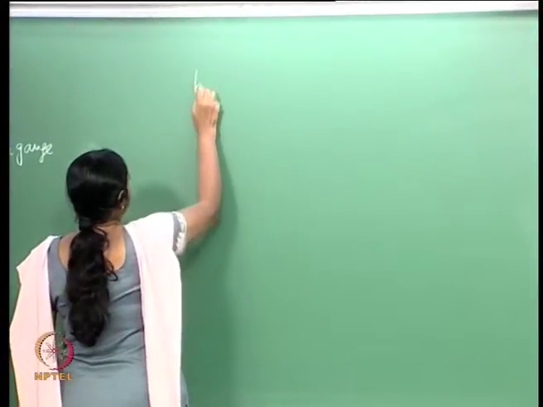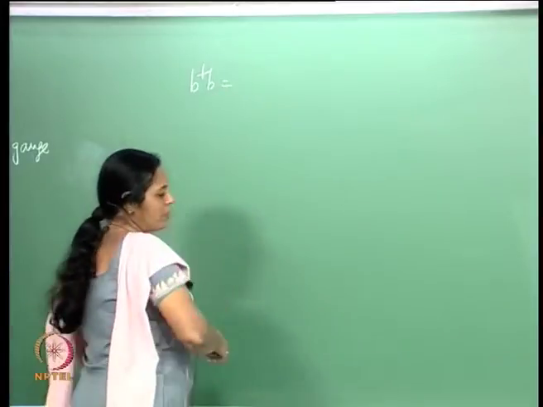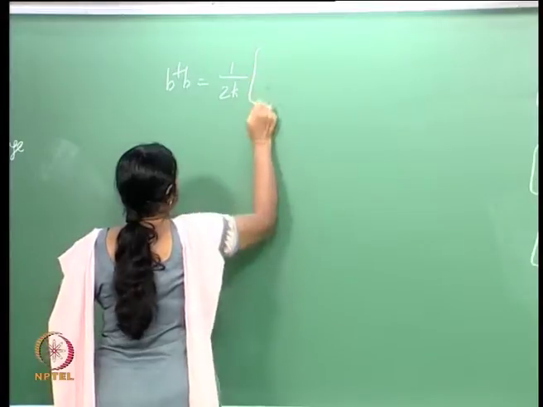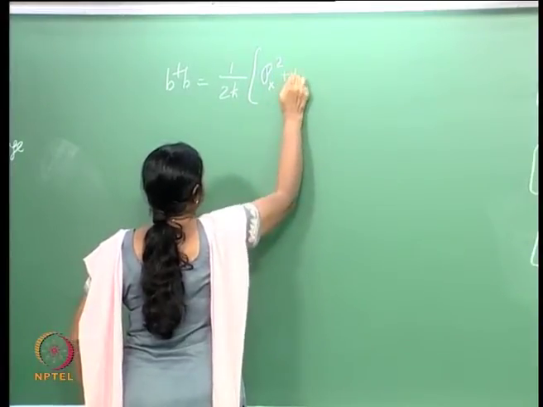So, I was trying to figure out what B dagger B was. That is 1 by 2ħ Px squared plus Py squared.